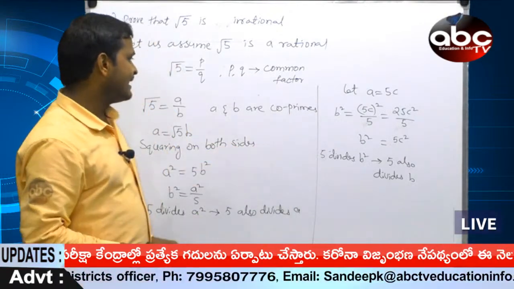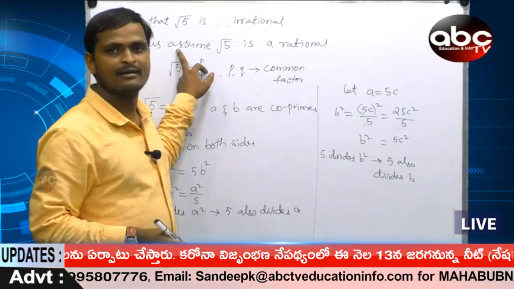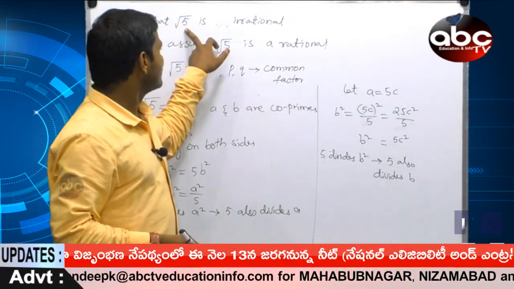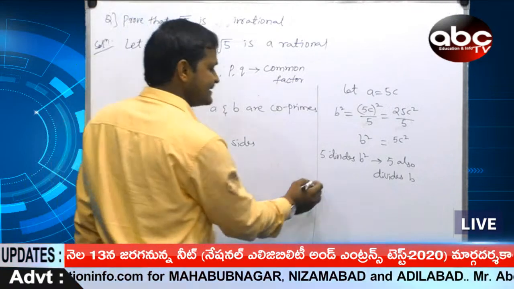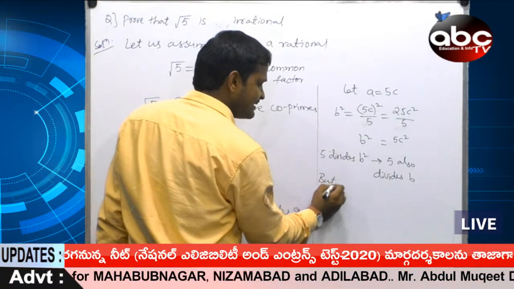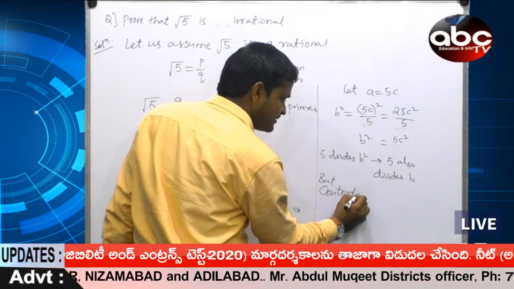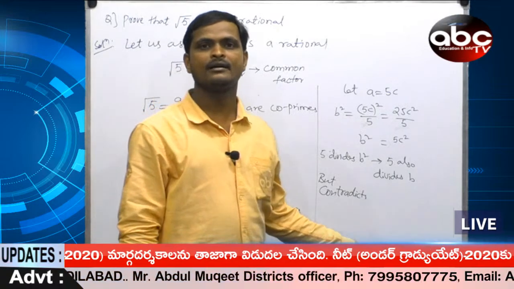Okay, then our assumption is wrong. Means the given number root 5 is a rational number, but this contradicts. Okay, our assumption is wrong.